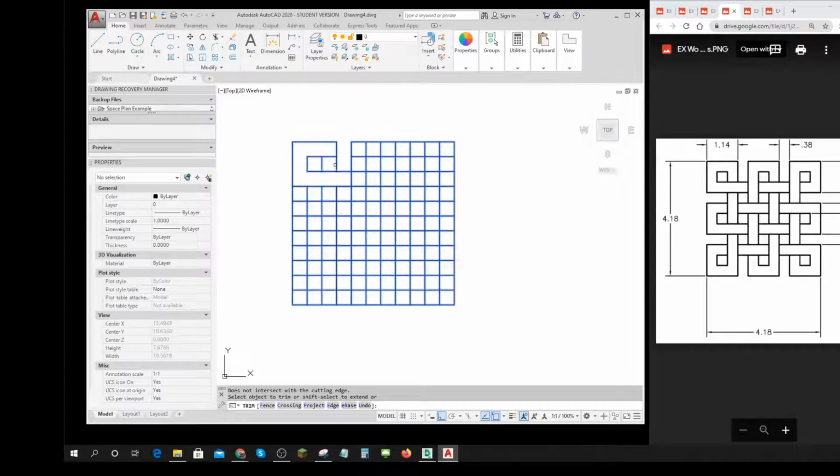Oh, I got something wrong there. No, I don't. There we go. If I wait too long to save it, so watch, I'm going to do something here. I can do undo one at a time if I use the undo down here.